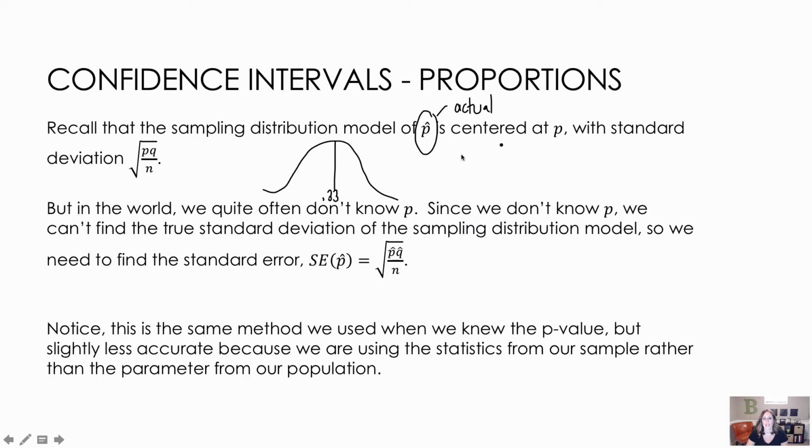That always went in the middle, and then what we actually found made this bell curve on the outside. And then of course we used our standard deviation, which was the square root of pq over n. And remember, p was a population proportion. That's if we already knew what we were expecting to have happen.